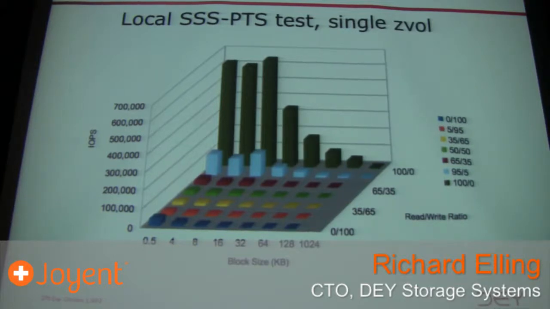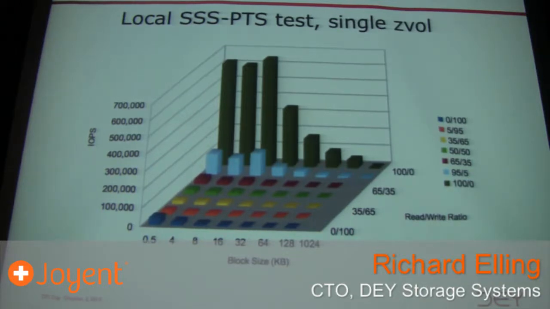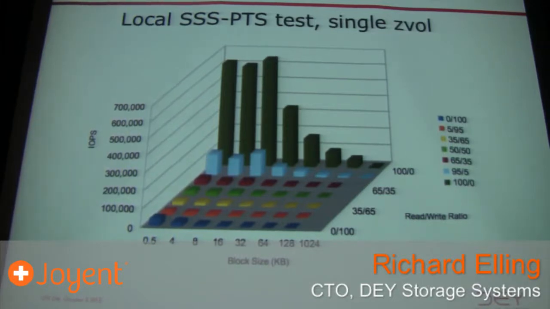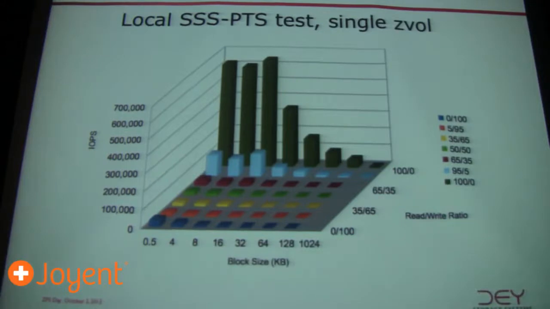This is an example of just going to a ZVol here on an old desktop, an AMD Phenom 1.8 gigahertz, something like that. And you can see for the 100% read 4K IOs, I'm getting almost over 600,000 IOs, right? So don't let the marketing guys know, because they're like, oh, we can brag, we do 600,000 IOs. Yeah, but you can't get it out the 10 gig wire. But this test is there.